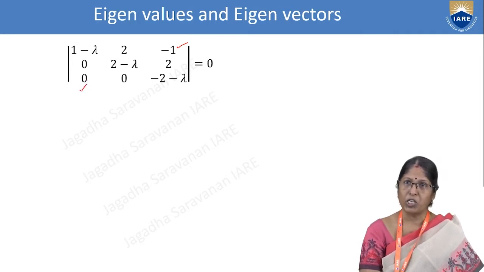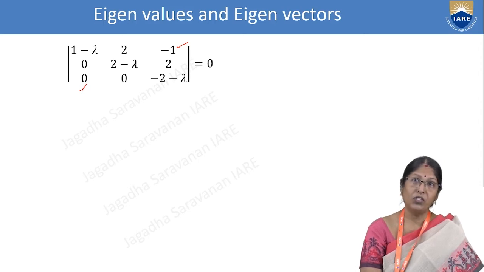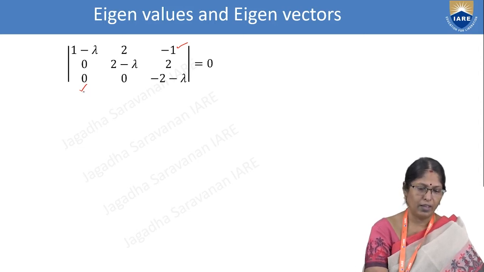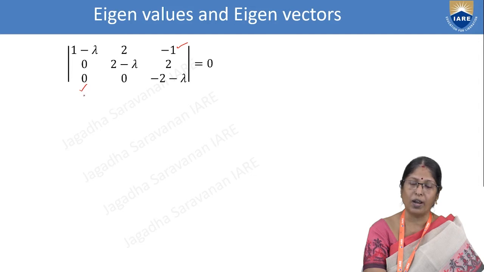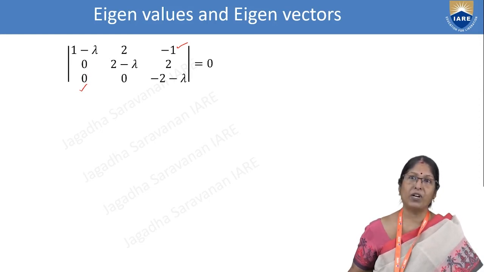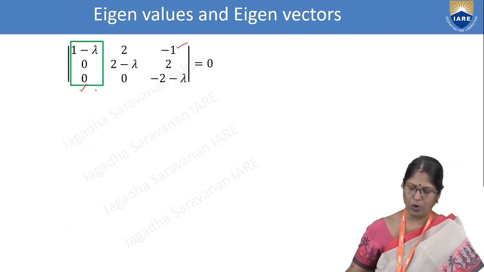Either we can expand by R1 or by C1. Expanding by C1 saves our time, because among the 3 elements, 2 are zeros. Now you can see it here. This is C1.